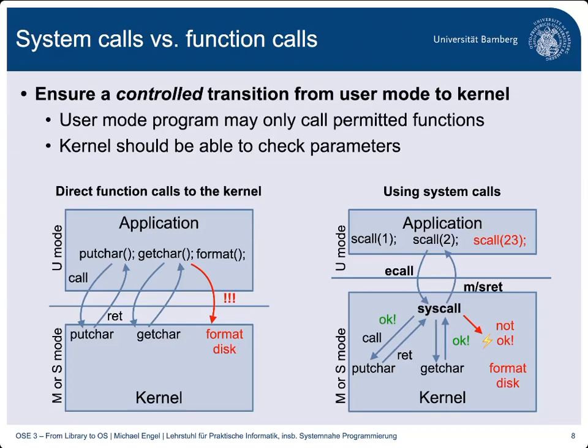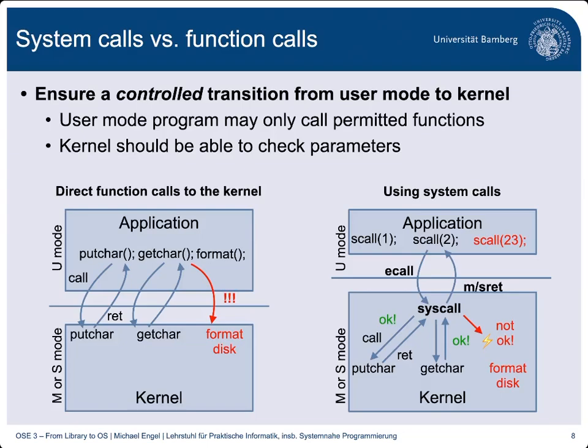So the first thing we have to do is to check this system call number that we just passed, and then the kernel checks, okay, it's system call 1, we want to print something. Perfectly fine, this process is allowed to print something. Then internally, it would still, of course, call the putchar function, which, for example, directly accesses the hardware to output a character on the screen.